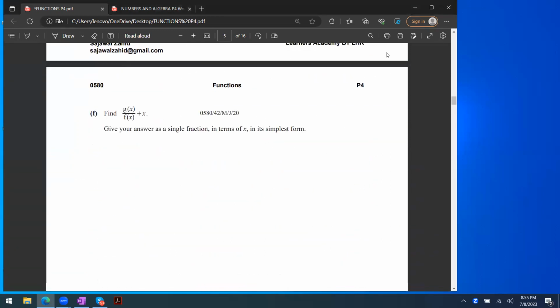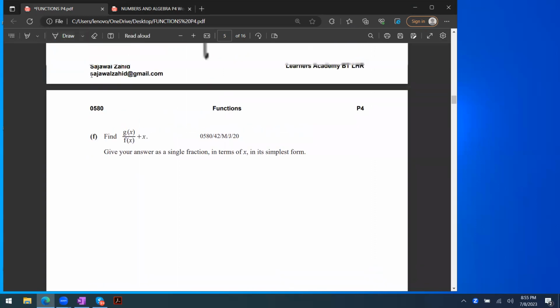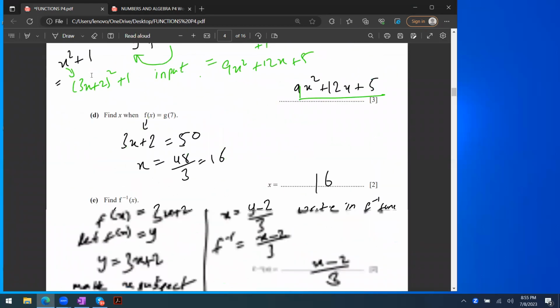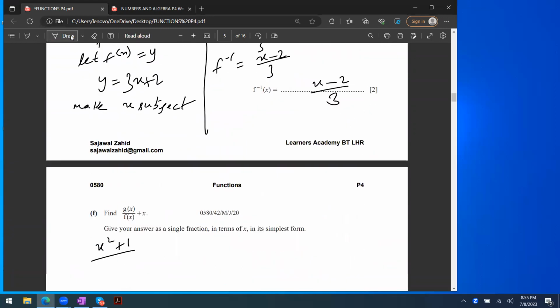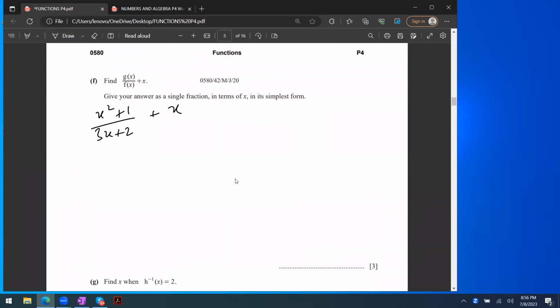All right, one more. There is one more 3-mark question. Divide g of x by f of x, plus x. So this will be an algebraic expression. Again, g of x is x square plus 1, f of x is 3x plus 2, plus x. We need to simplify it. So this is now an algebraic fraction. We need to make the denominator the same.